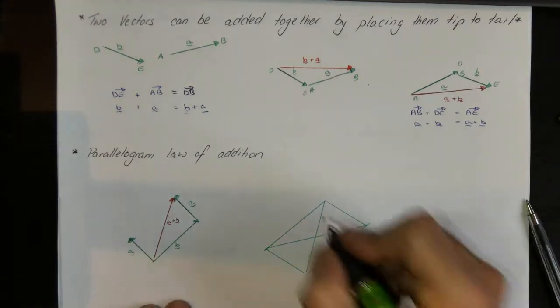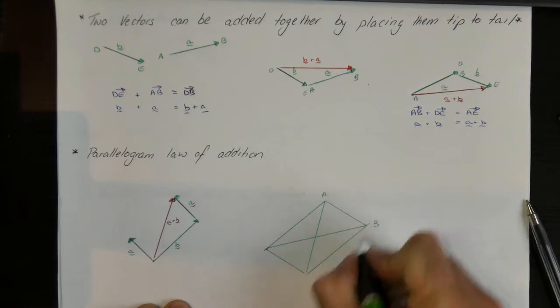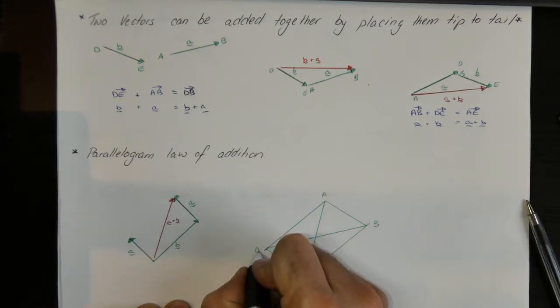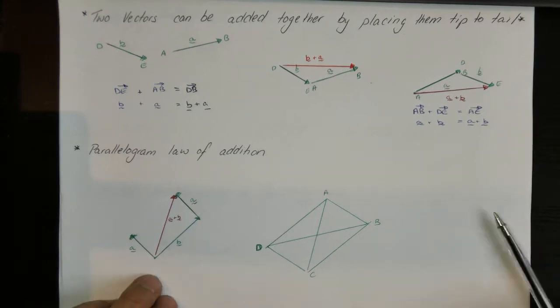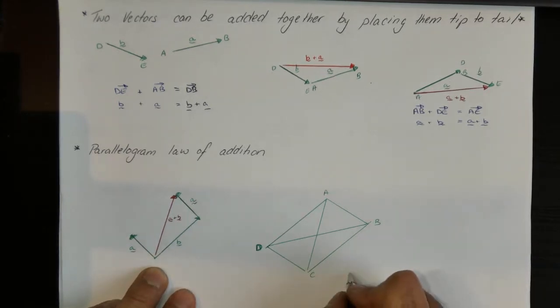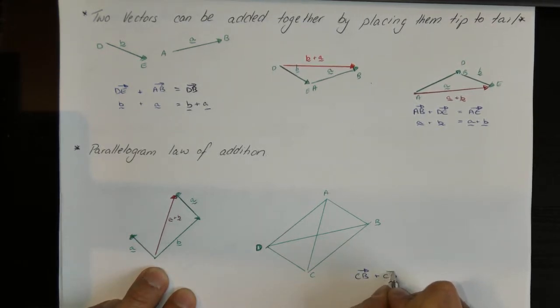Let's say I labeled it A, B, C, D. In this sense, the vector CB plus CD gave me CA.